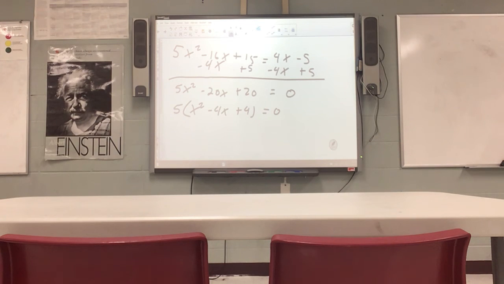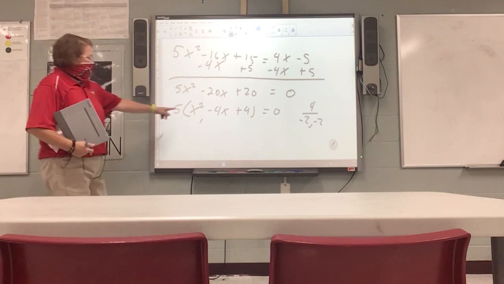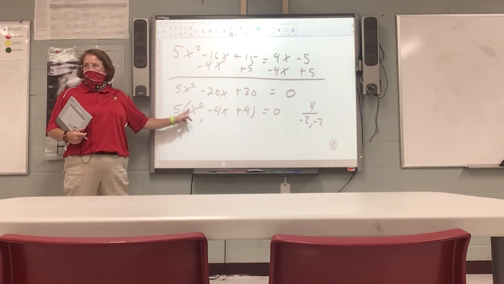Okay, so now in my trinomial in the parentheses, A times C, 1 times 4, what multiplies to make positive 4 but adds to make a negative 4? Negative 2 and negative 2. Now look, I don't have to do the 2 by 2 this time, because this A that I'm working with right now is a 1.